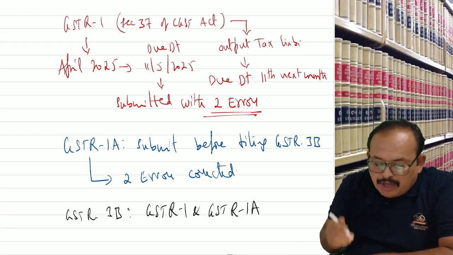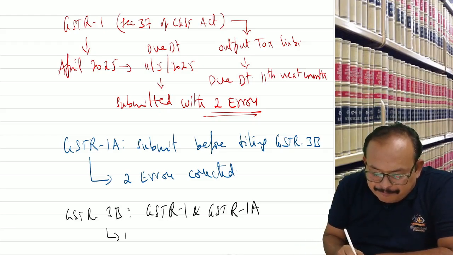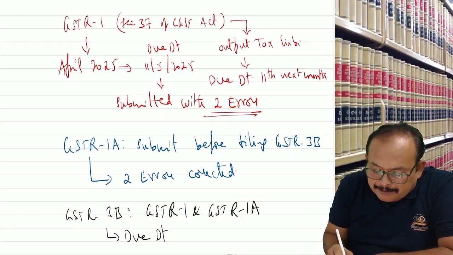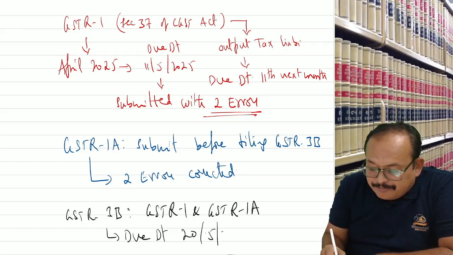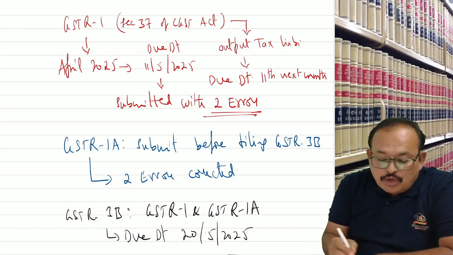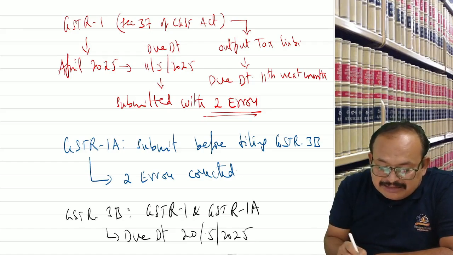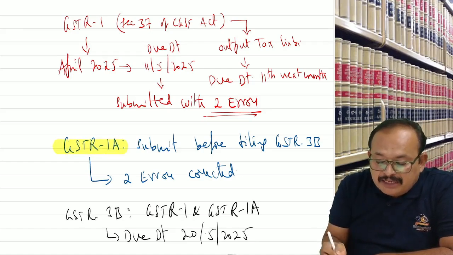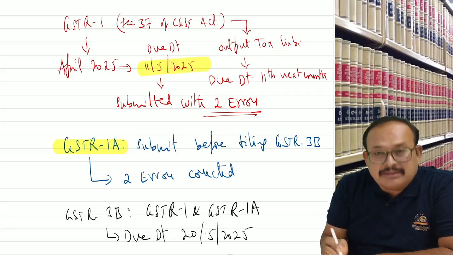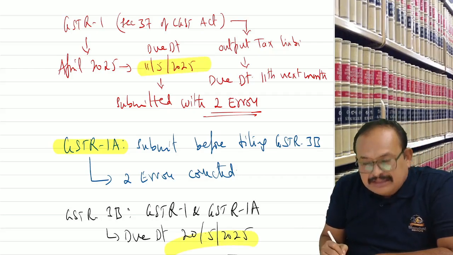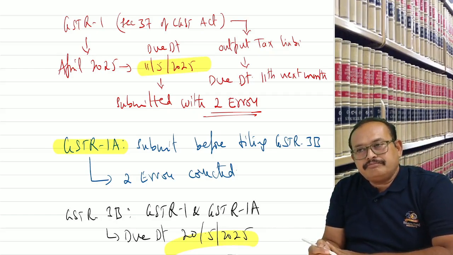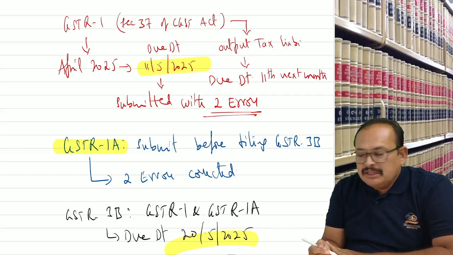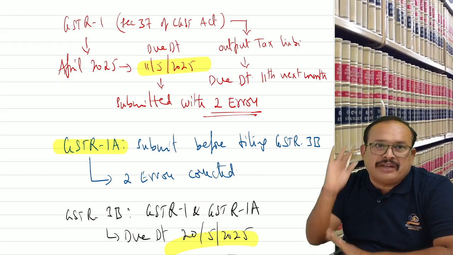Now, as you are aware, the due date of GSTR 3B, in the given case of April, is 20th of May 2025. So, you can file the GSTR 1A after GSTR 1 and before filing GSTR 3B. Is that clear, sir? The data rectified in GSTR 1A is final.